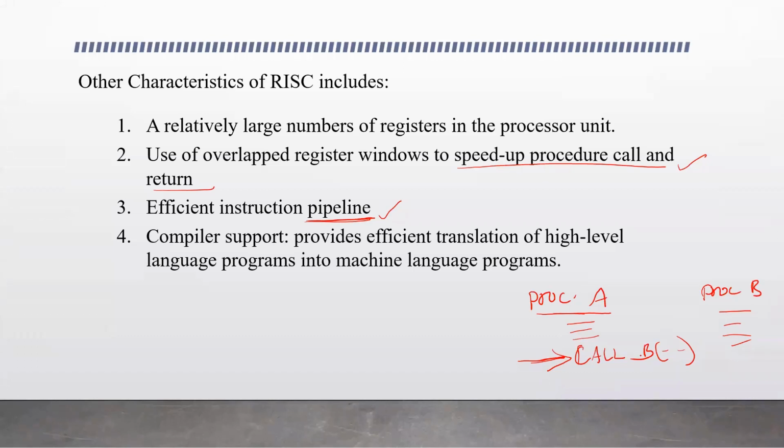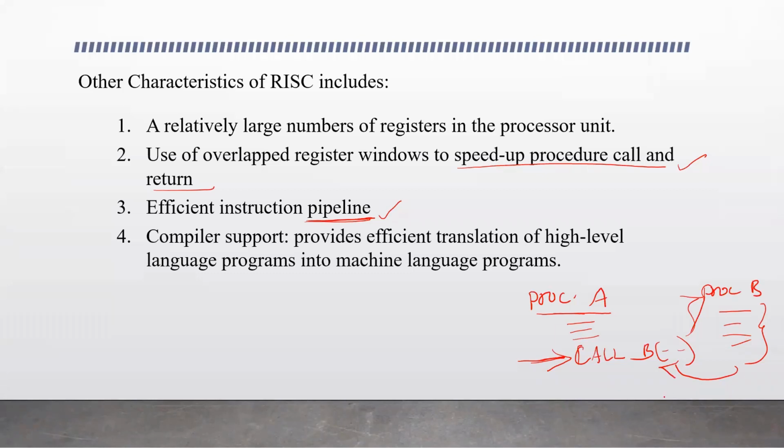Procedure A will pass these parameters to procedure B. So this passing of parameters is one operation, and then branching to this particular address to execute the statements in procedure B. Once this execution is done, return back to this place to execute the next instruction.